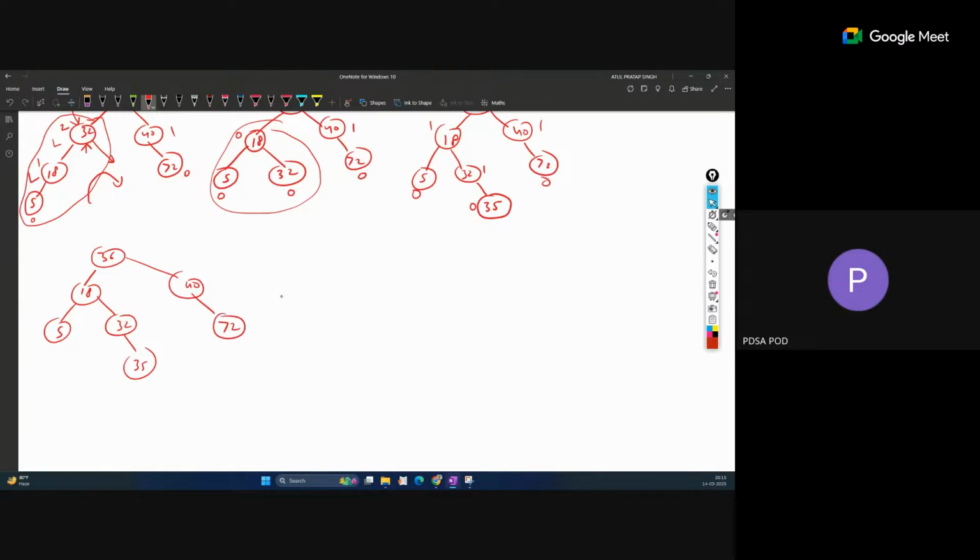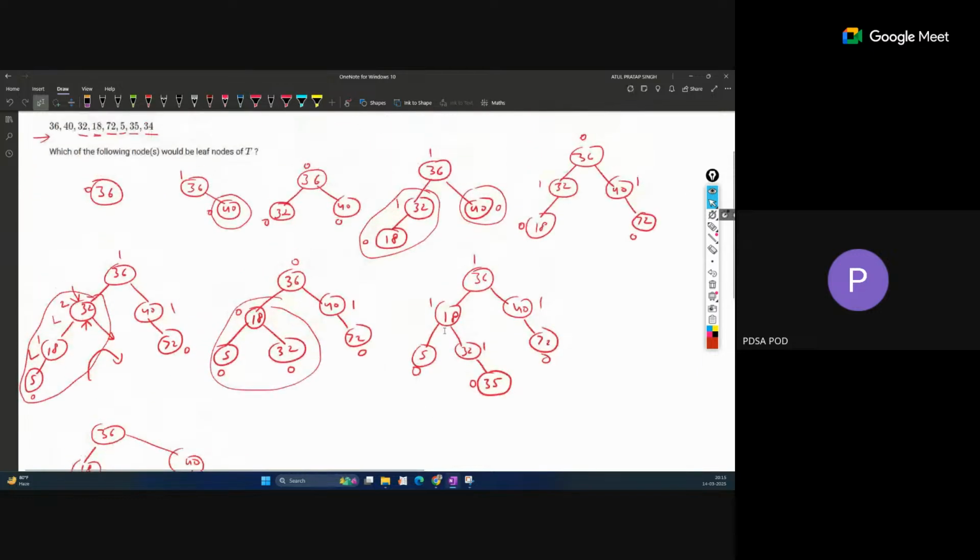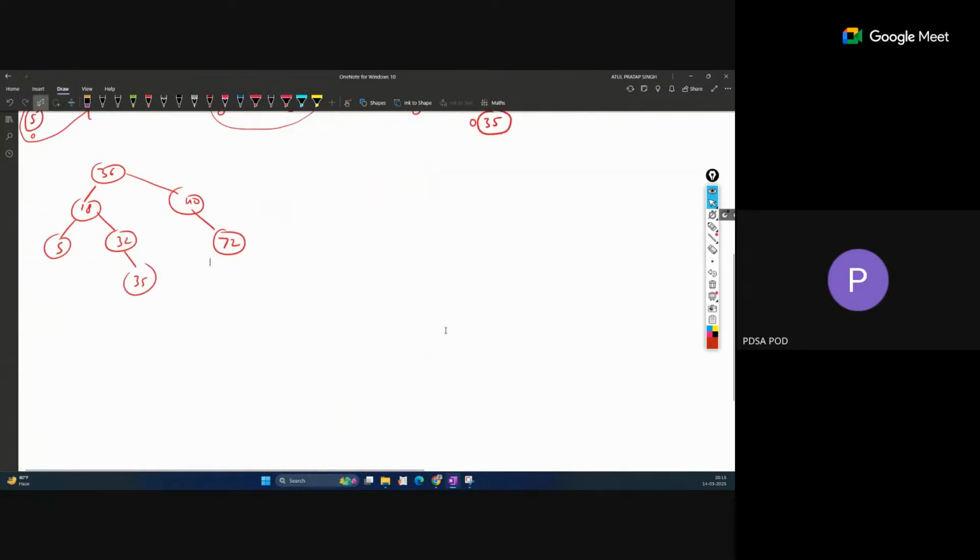So now we are adding 34. 34 is smaller than 36, move to the left; greater than 18, move to the right; greater than 32, move to the right; smaller than 35. So 34 will be inserted here. Now balance factor is 0, 0, 0 for the leaf.